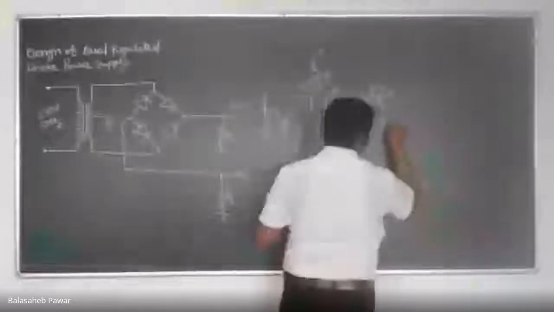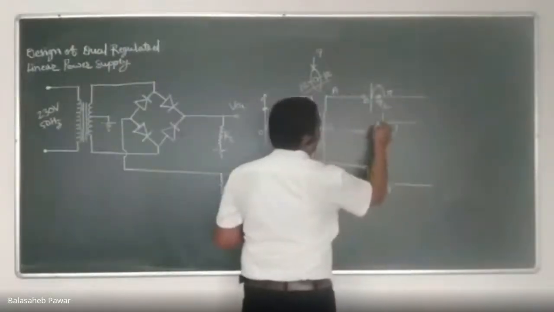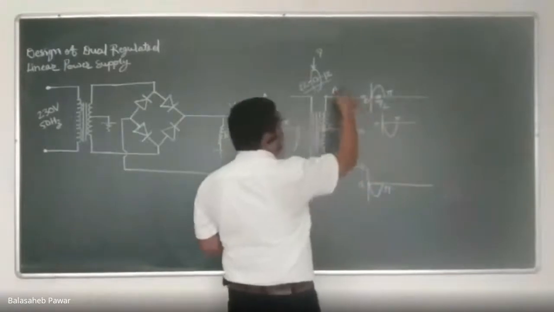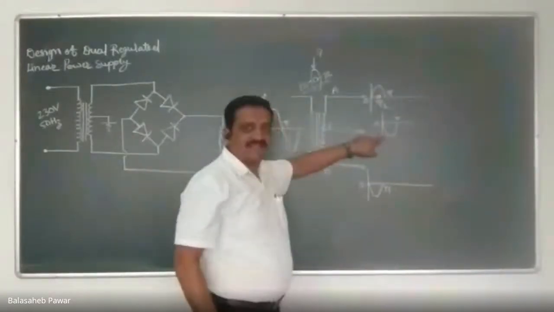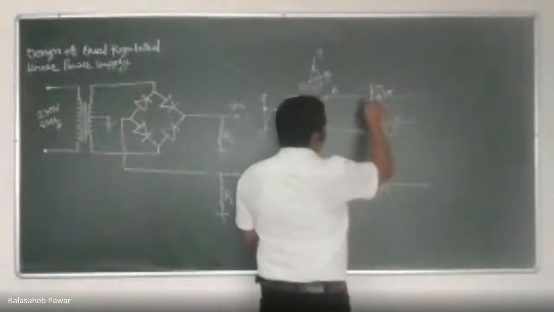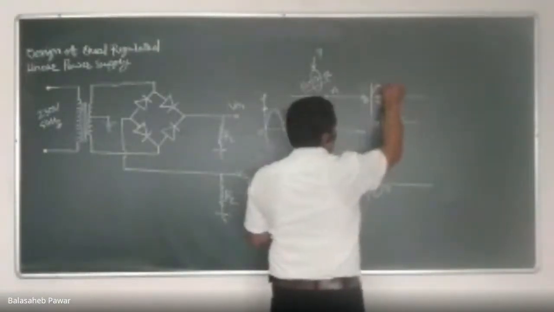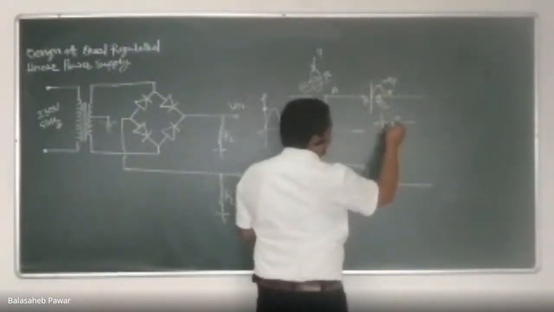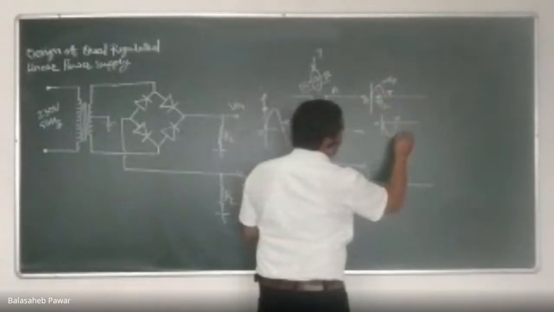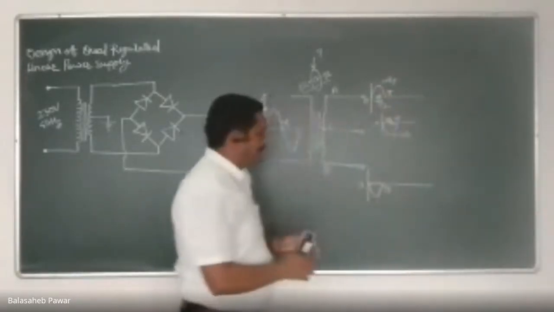Just write center tap terminal with respect to A, terminal A, it will be at negative. Are you getting it? That means whenever terminal A will have the peak value, that is at pi by 2, then terminal C will be at minus Vp, again at the same pi by 2.